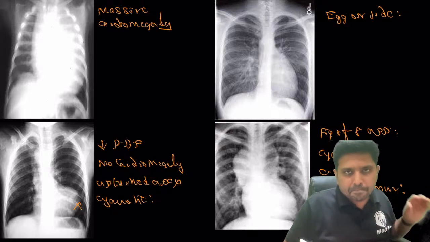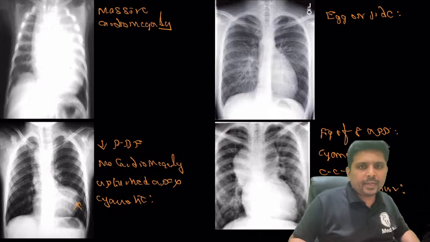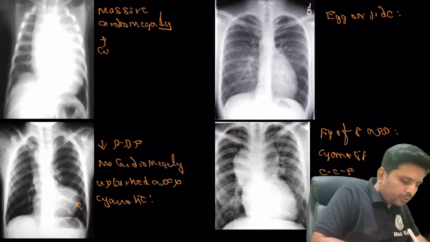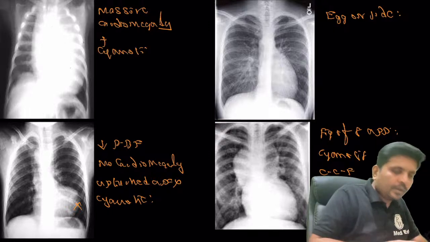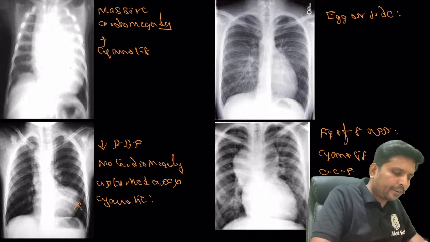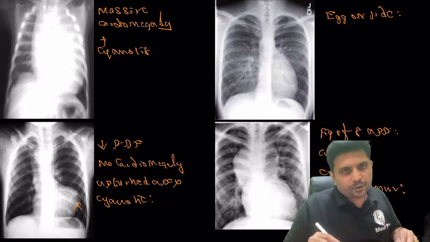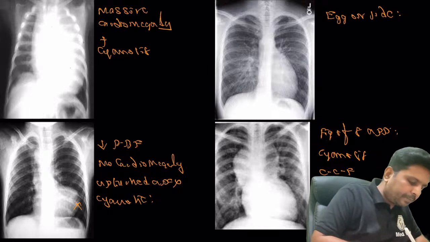Massive cardiomegaly plus cyanosis occurs in which condition? Epstein's anomaly.